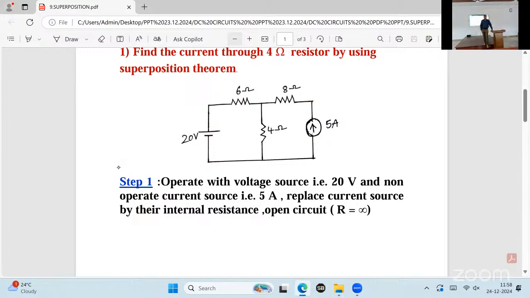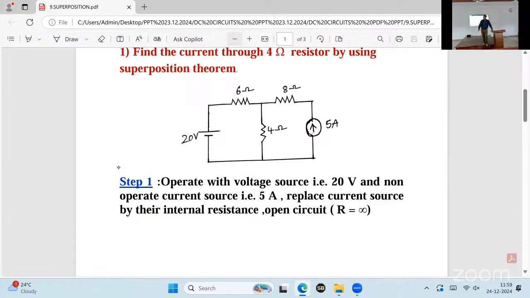The other two are non-operative. Remaining all others are non-operative.